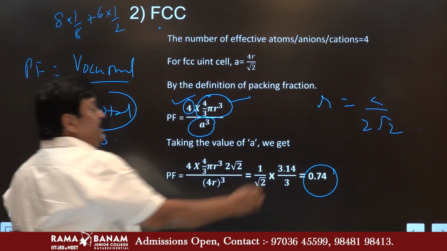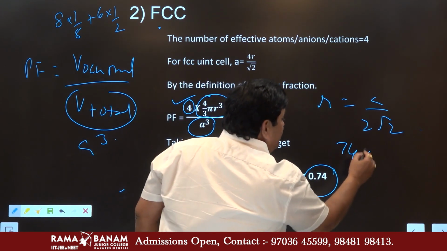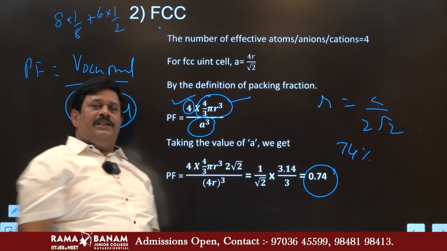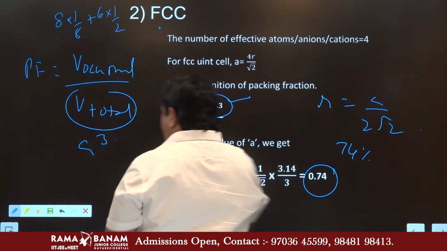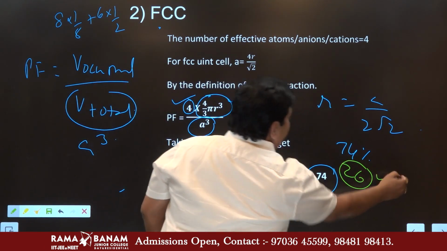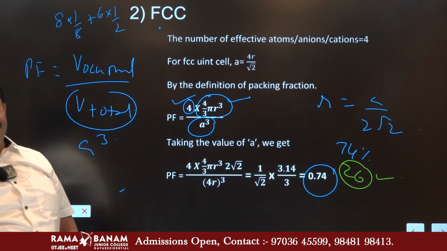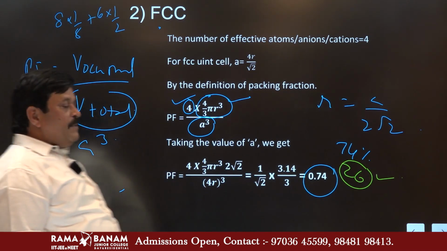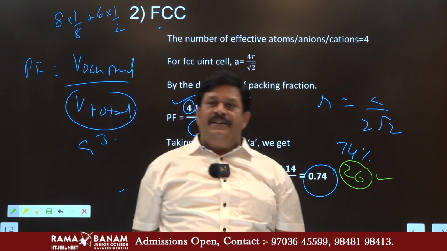What does it mean? 74% of the space is occupied by the particles. What is the vacant space in this? Vacant space is 26%. Packing fraction is 74% and vacant space is 26%.